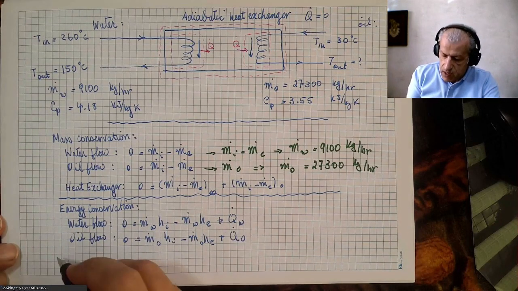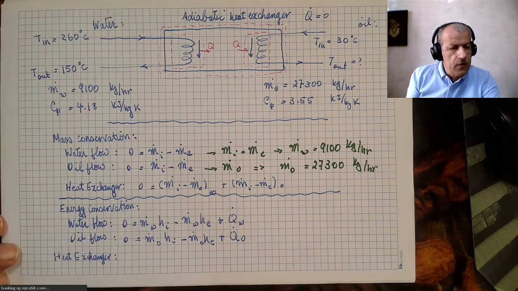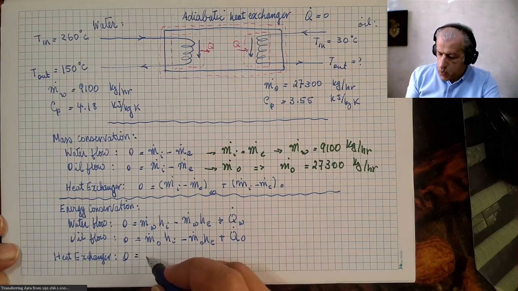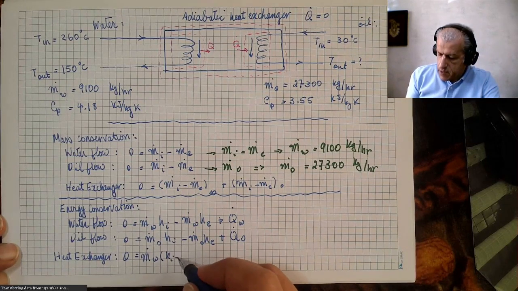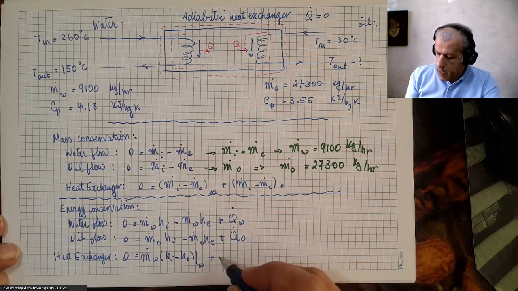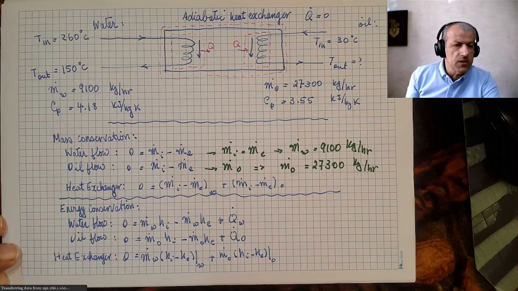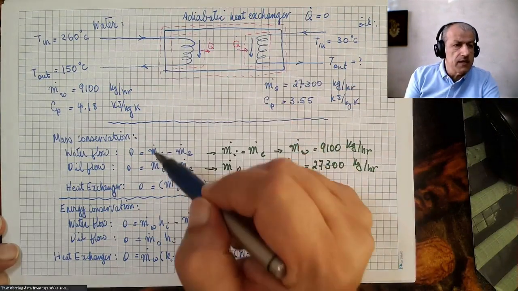And for the heat exchanger, 0 equals m dot water times hi minus he, which is all for water, plus m dot oil times hi minus he, and that is for oil. There are no heat transfers since the total heat exchanger is adiabatic.